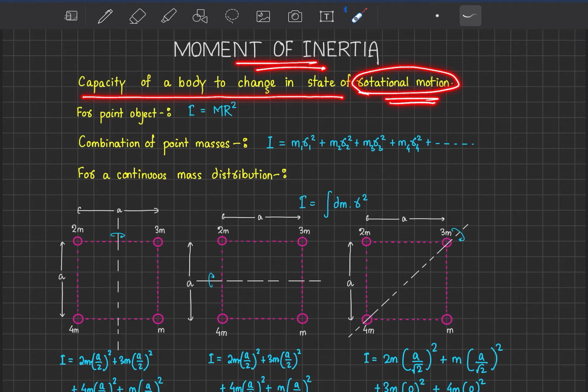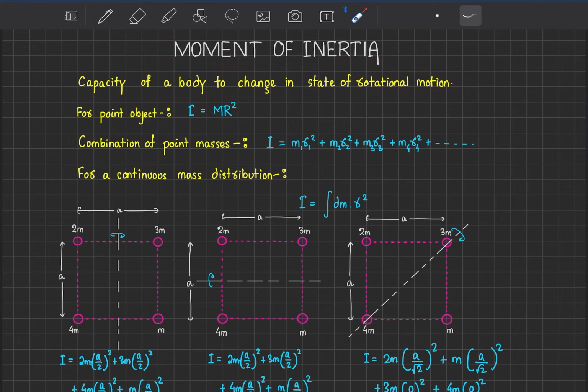If the state of rotational motion changes, this term provides the necessary resistance, meaning it does not like to change. If a body is at rest and we try to rotate it, how much torque will be needed, or how difficult it will be to rotate it, we can get from the moment of inertia.